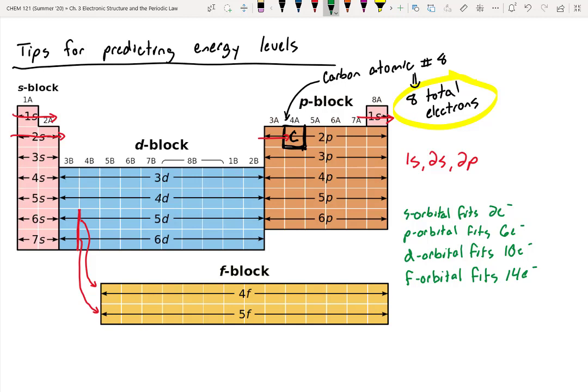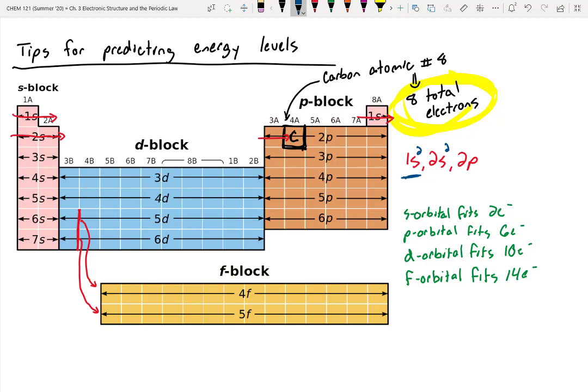All right, so again, going back to this idea, we've got 8 electrons. Let's fill them from lowest energy orbital to highest energy. So in our first section, I'd say I can fit 2 electrons in this first 1s orbital, but no more than that. So I've taken care of 2 out of the 8, so I have 6 left over. So now we need to go to our next highest orbital.